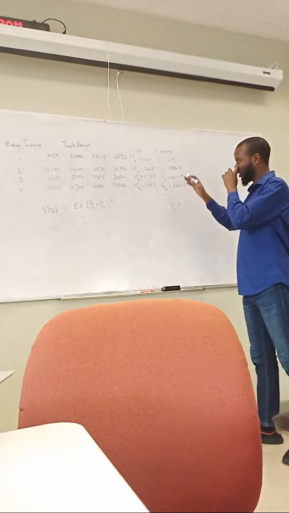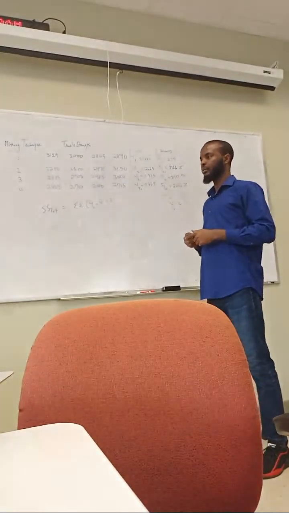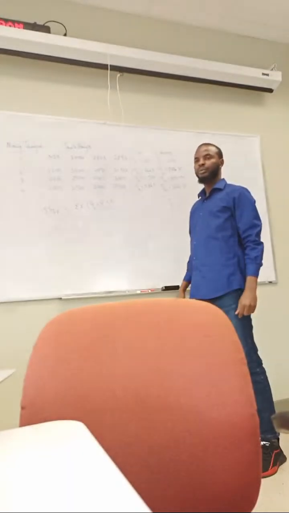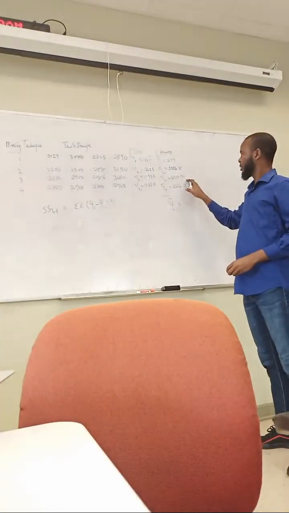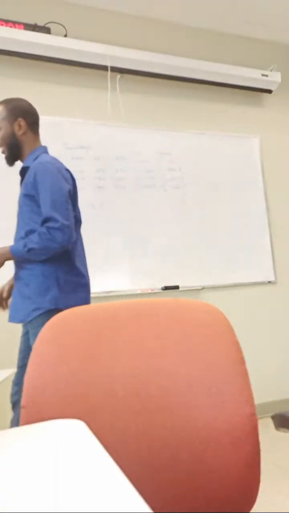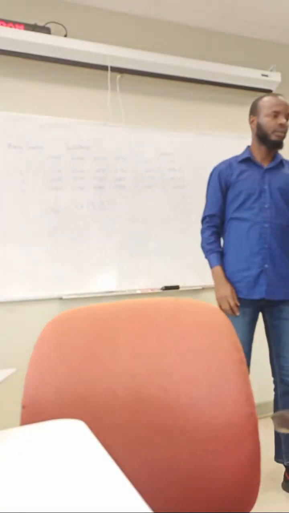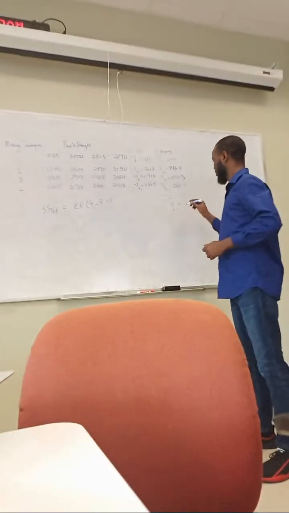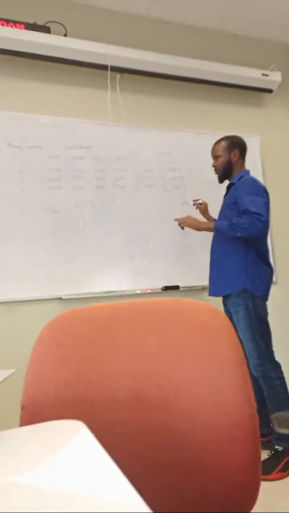So 2971 plus 3156 plus 2933.75, it's supposed to be 0.75 here, it's almost insignificant, plus the last one, divided by 4. So y dot bar is 2931.9375.